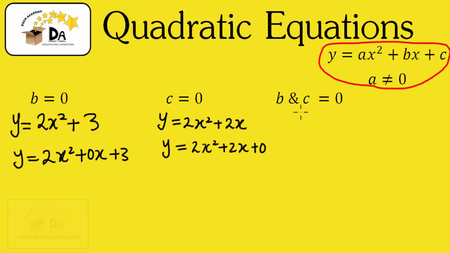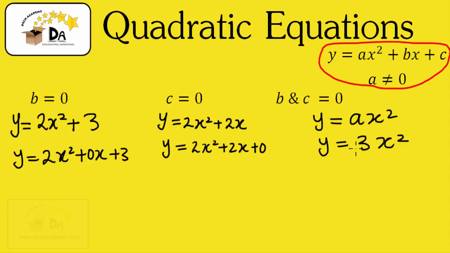You can also have a quadratic equation where both b and c are equal to 0. So looking at general form, if b and c are equal to 0, you have an equation in the form y equals ax squared. So where a could be any real number, so for instance y equals 3x squared.